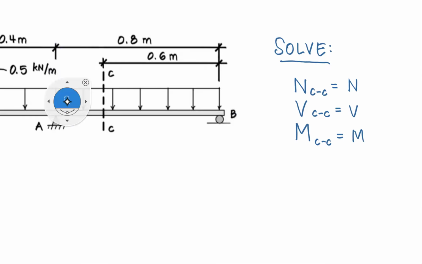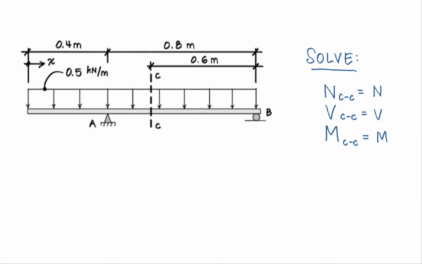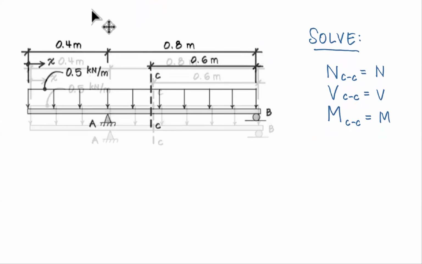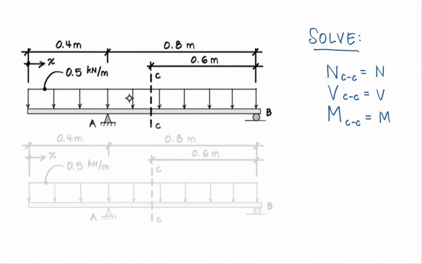Okay, first thing we need to do is create a free body that cuts through plane CC. To do that, I'm going to copy over my loading diagram here.